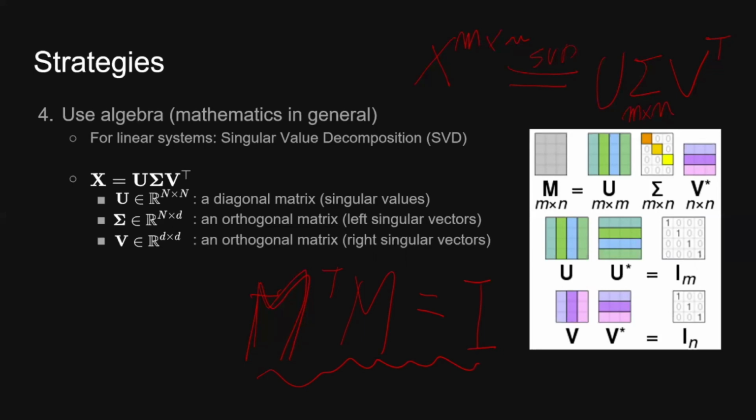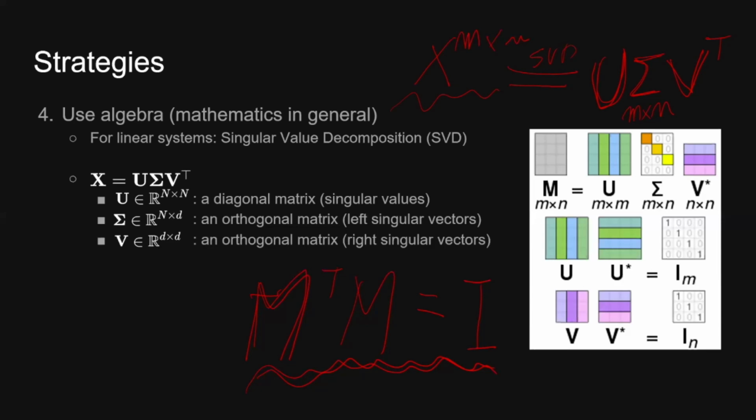Matrices that satisfy this property are called orthogonal matrices. So what the SVD says is that for any given matrix, you can decompose it into an orthogonal matrix multiplied by a singular value matrix, and then multiplied by another orthogonal matrix.